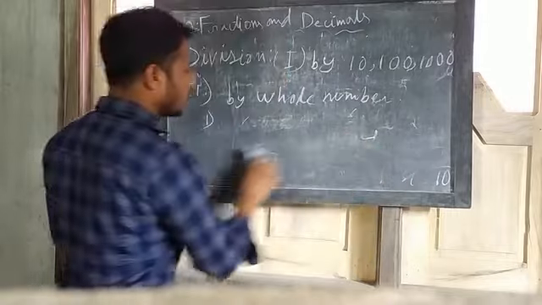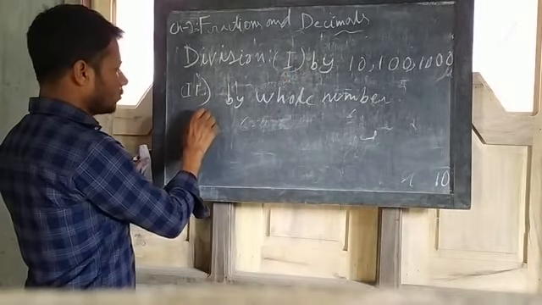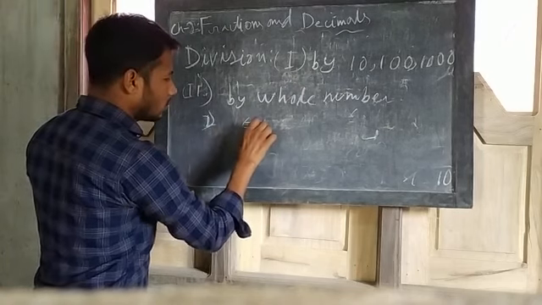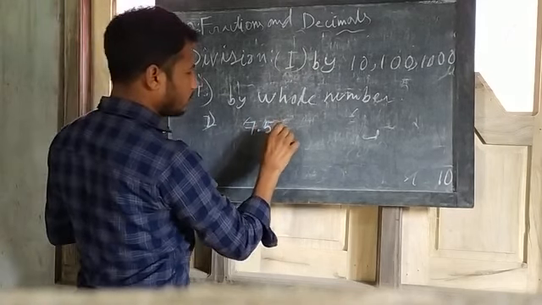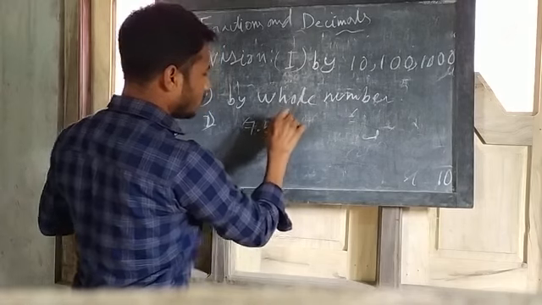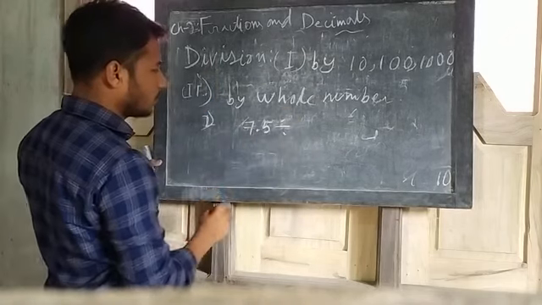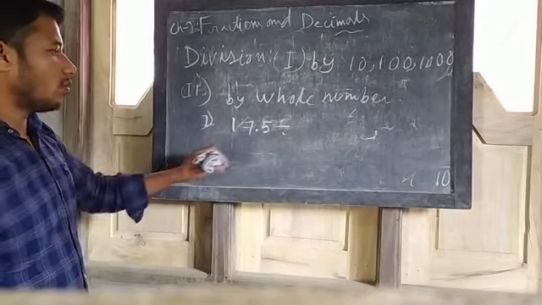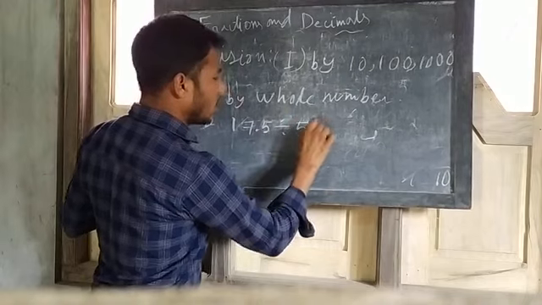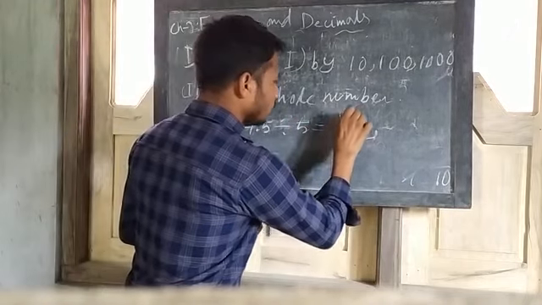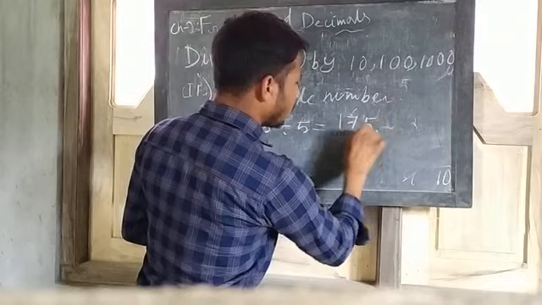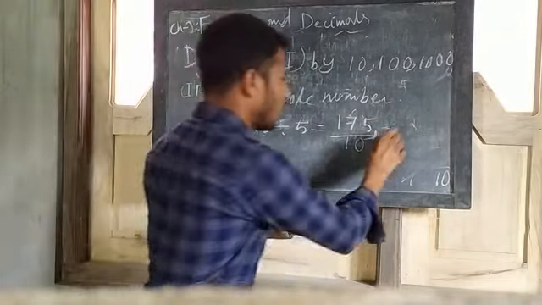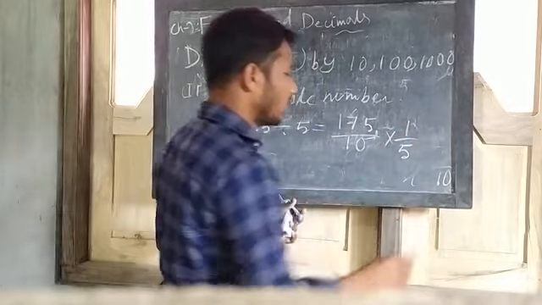Similar example. See another example. Suppose 17.5 divided by 5. How to divide? 17.5 we can write 175 by 10 and divide by 5.